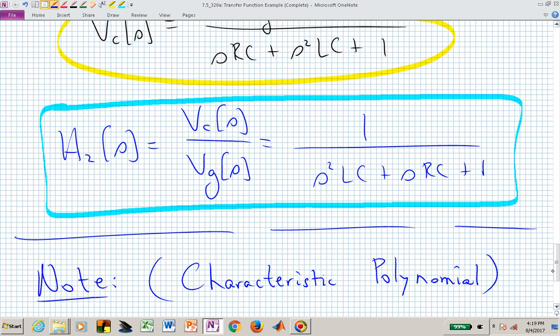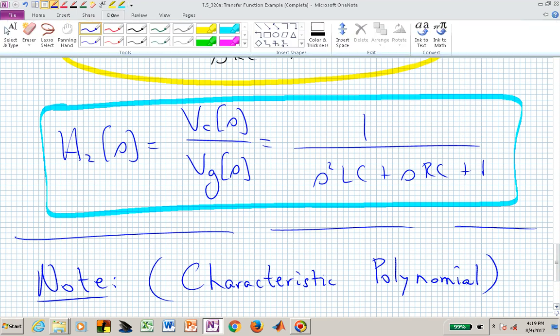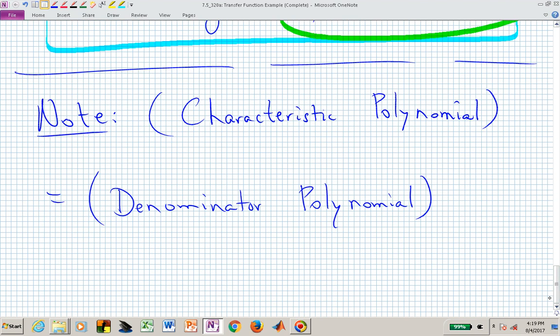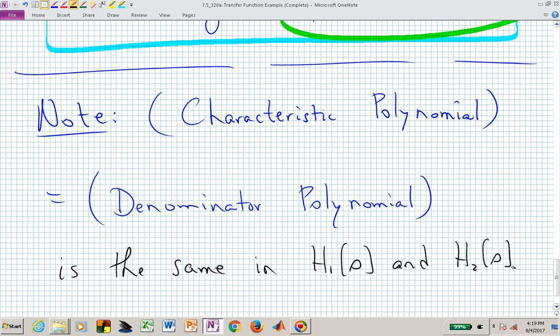In this particular circuit, then, the characteristic polynomial is right there. It's S squared LC plus SRC plus 1. And that characteristic polynomial, which is the denominator polynomial, we just determined is the same in both transfer functions, H sub 1 of S and H sub 2 of S.